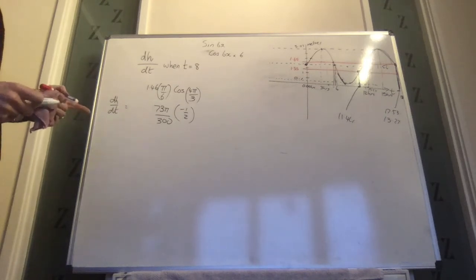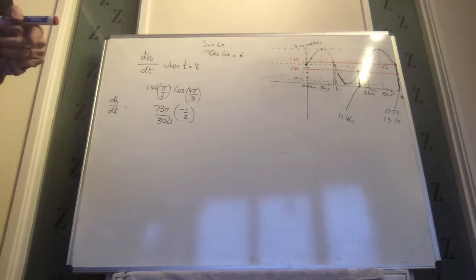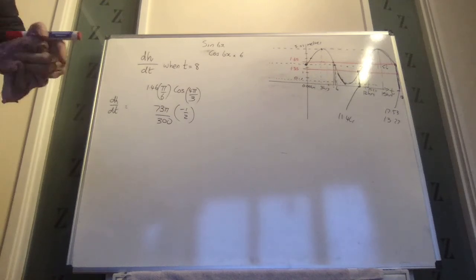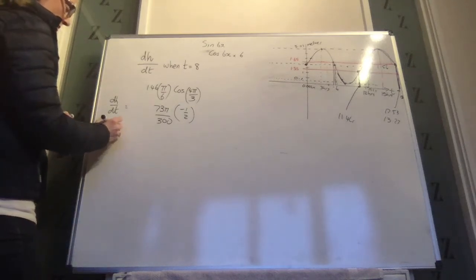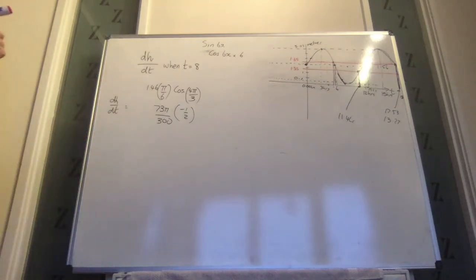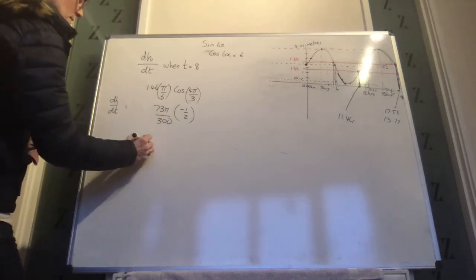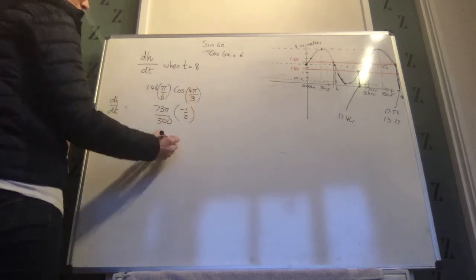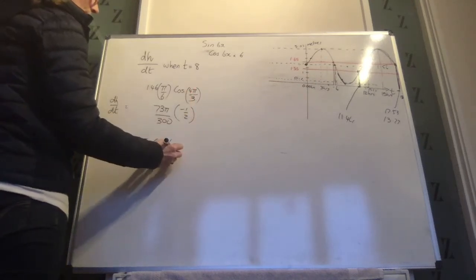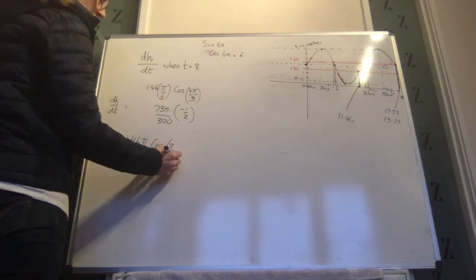Okay, and we want to know what are the other times at which the depth of the water is changing at the same rate. So you've got 1.46 pi over 6 times the cosine, and this originally was pi over 6t.